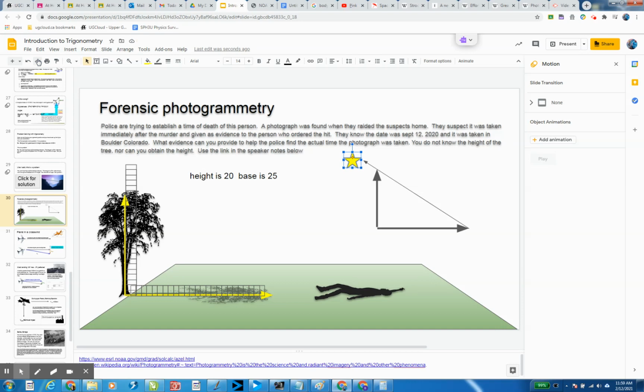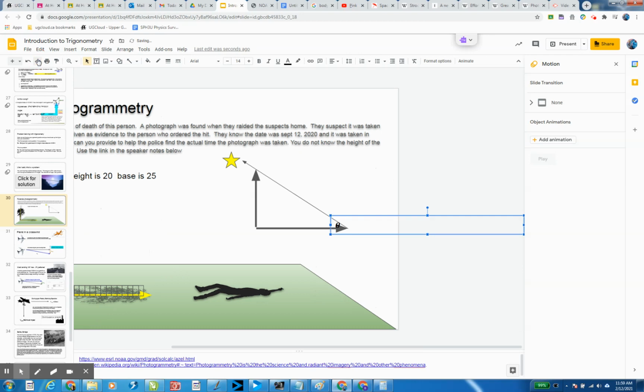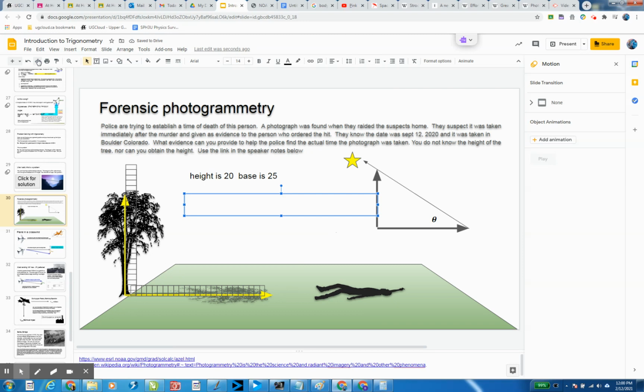We're making some basic assumptions here. We don't know which way is north or whatever, so we're assuming that the left of the picture is facing east. We want to keep our first forensic photogrammetry example simple. So what is it we're after here? We want that angle theta from the information, and we have enough to get it.